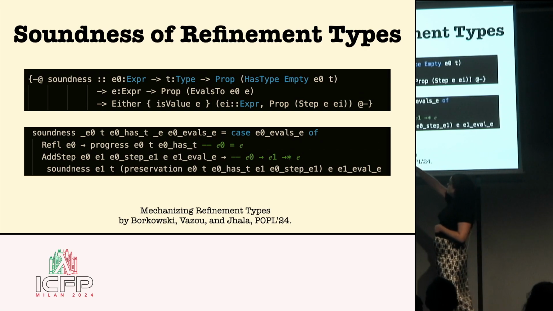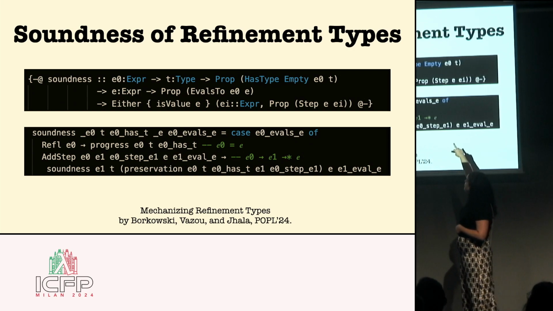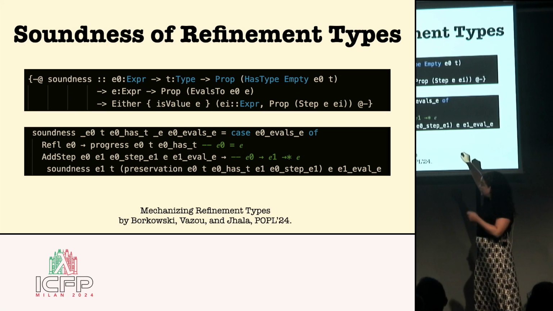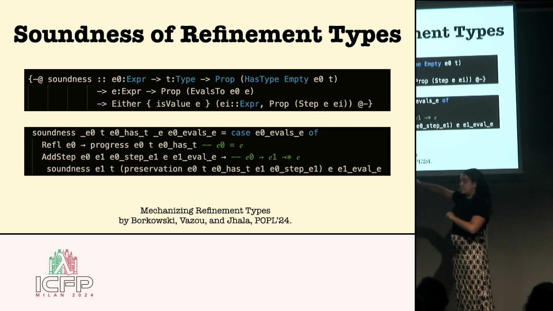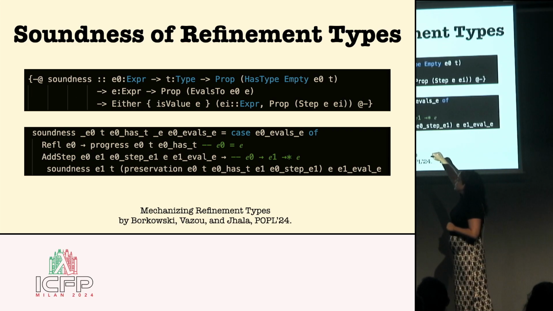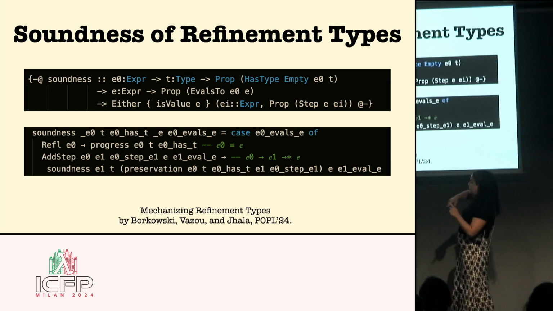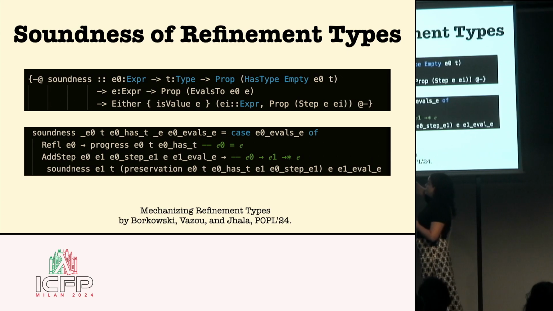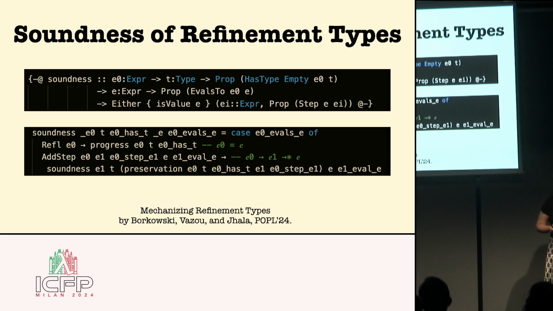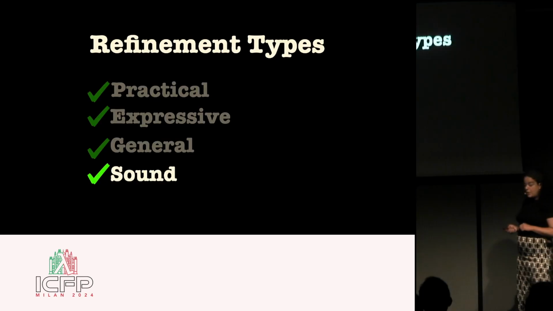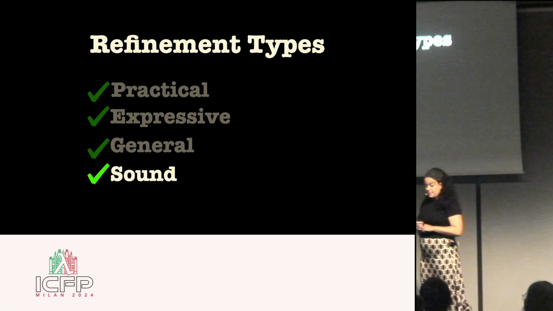So the soundness takes as input this E0 evals to E, which is an evaluation step, and the proof splits on the evaluation step, says if it's reflexive, which means that I didn't make any steps, it is using progress, and if it did steps, it recurses, and it's using preservation to do the inductive step. And this proof went through, so we can conclude that refinement types are sound.